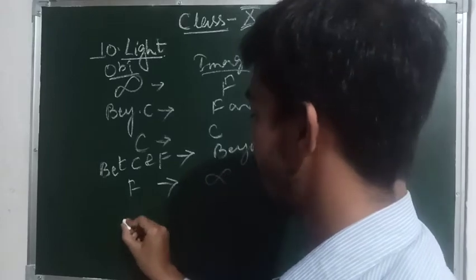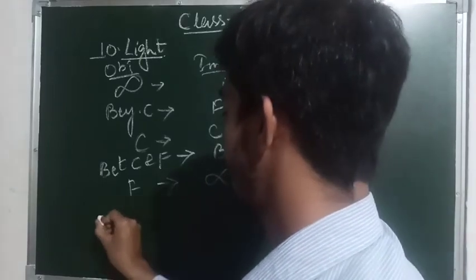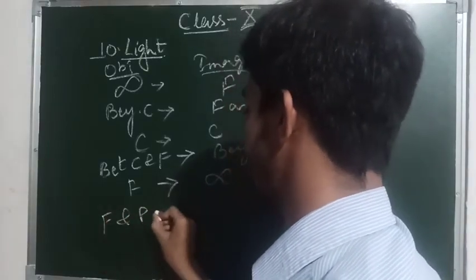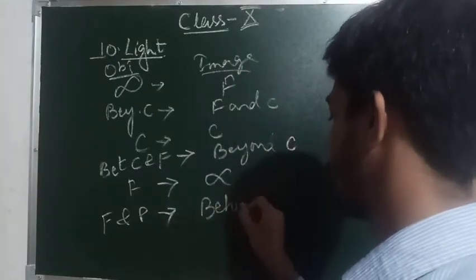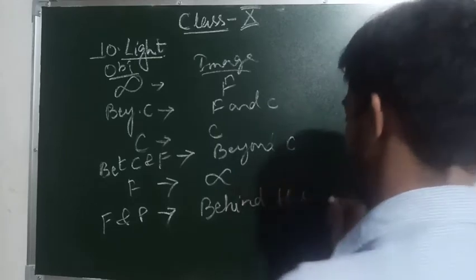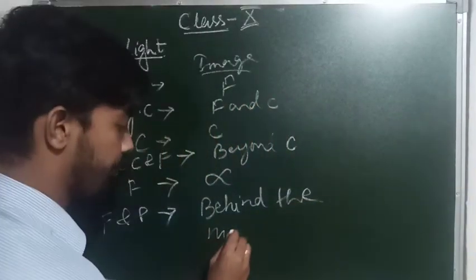And lastly, when the object is between F and P, the image forms behind the mirror.